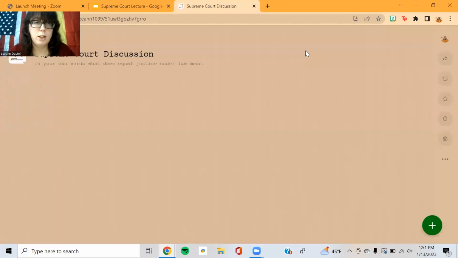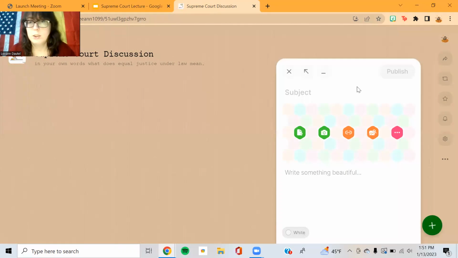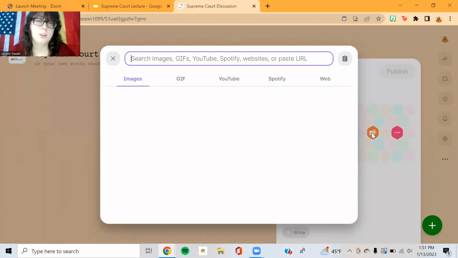Let's get started with our Padlet. In your own words, what does equal justice under law mean? Students will be able to have access to this Padlet by clicking on the plus sign, which then turns into a writing utensil, and be able to type or even use images to express what equal justice under law means to them.